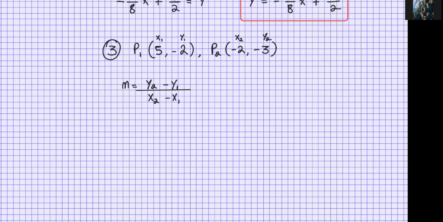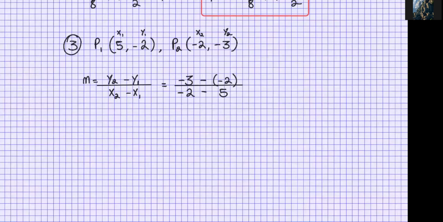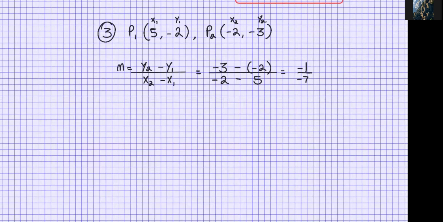So let's begin by doing the substitutions. y2 is -3 minus y1, that is -2, and then everything is divided by x2, that is -2, minus x1, that is 5. So -3 plus 2 will be -1, and then -2 minus 5 will be -7. We end up having our slope being 1/7.